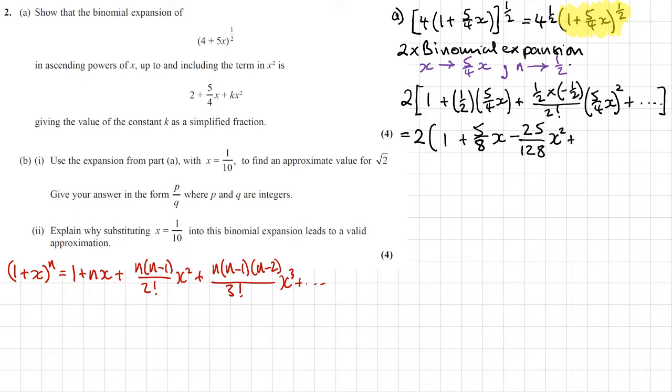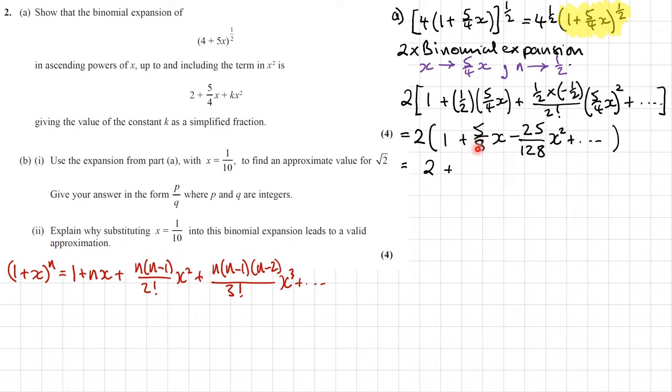Okay, now I don't need to go any further, but I do need to times it by 2. So that'd be 2 plus, if I times this by 2, that will be 10 over 8, almost just gave an equivalent fraction there.